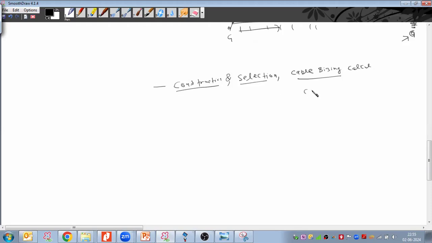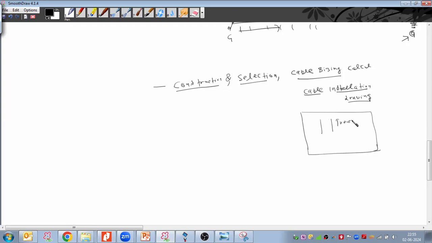And then we have to prepare the cable installation drawing, whether the cable is to be installed underground or above ground. If it is underground, what is the method? If it is overground, what is the method? When we are putting the cable into the substations, we use a dedicated cable tray or trench.